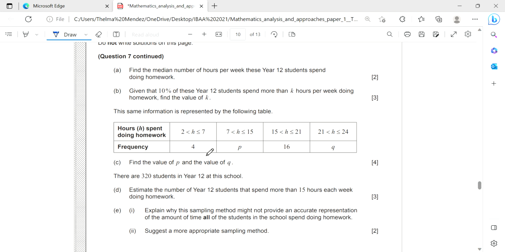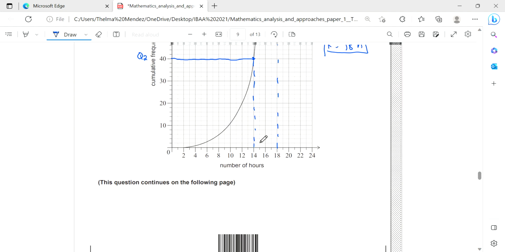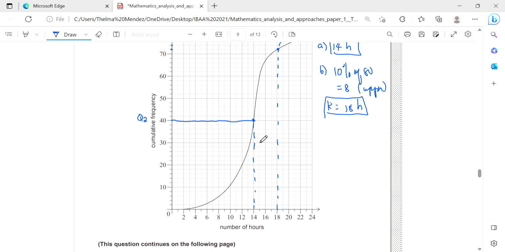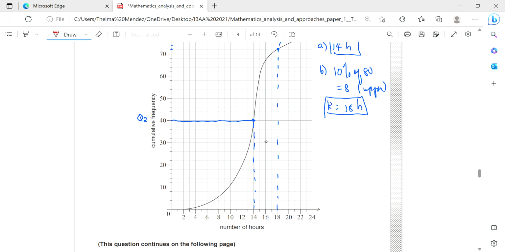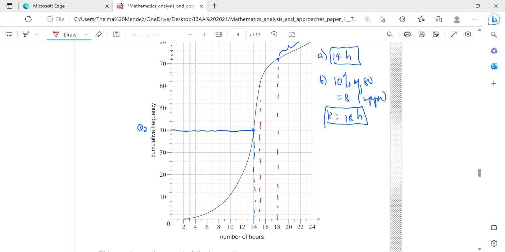And then from 7 to 15 is P. We are asked to find the value of P and Q. So 7 to 15 hours, so 15 is here.